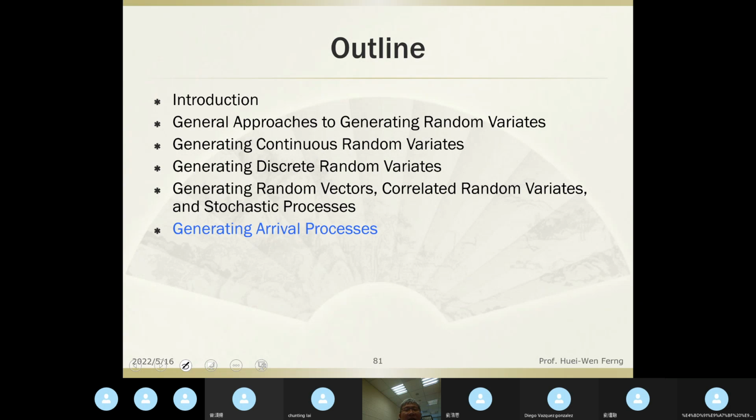And next one, let us check the generation of arrival process. Right now, from chapter 1, you know how to generate Poisson process. And previously about Poisson distribution. So let me emphasize this again. Poisson not equal to Poisson process.